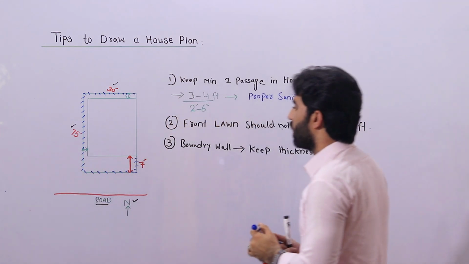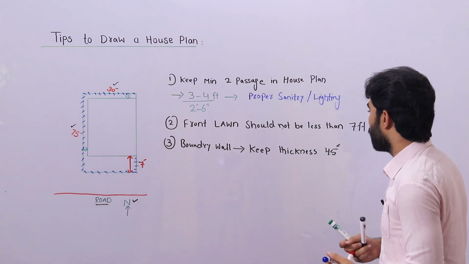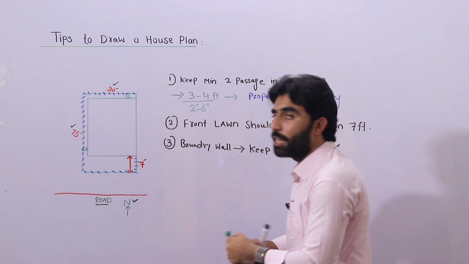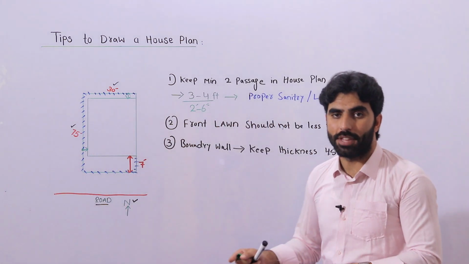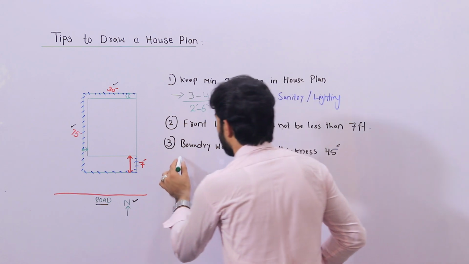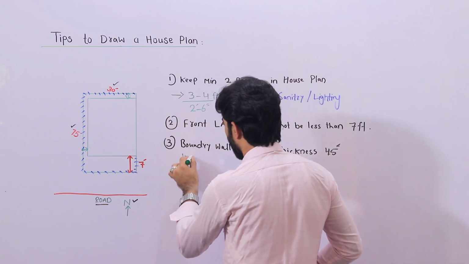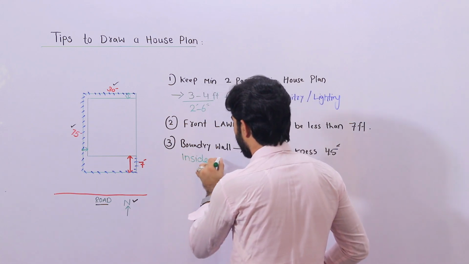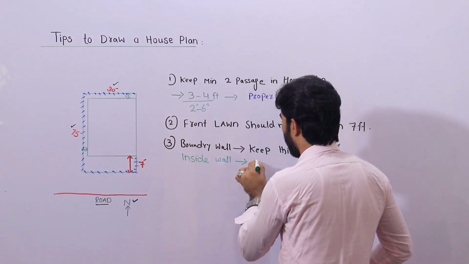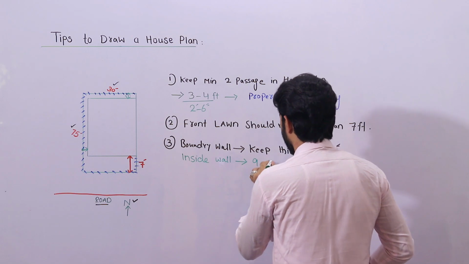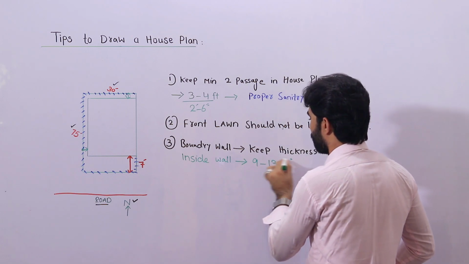So you can keep the boundary wall thickness up to 4.5 inches, but for inside walls, interior walls, where we have the covered area on top, you can keep about 9 to 13.5 inches.